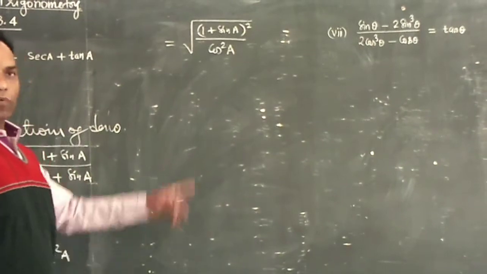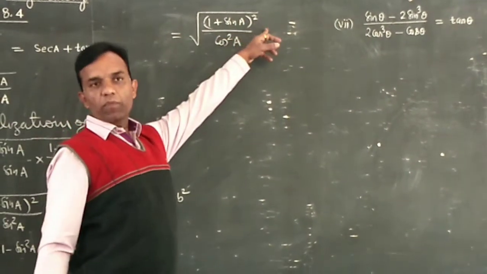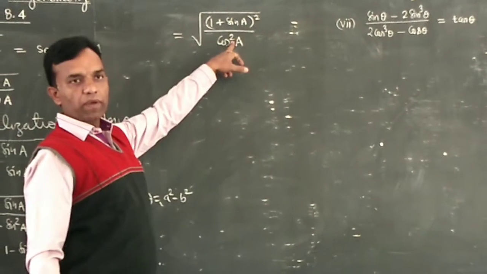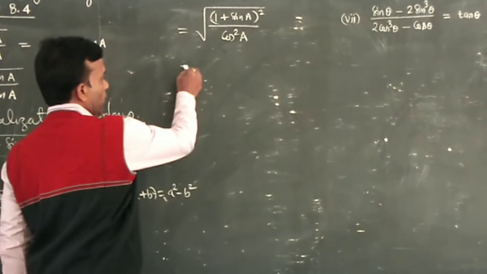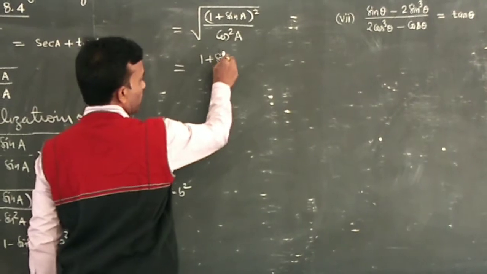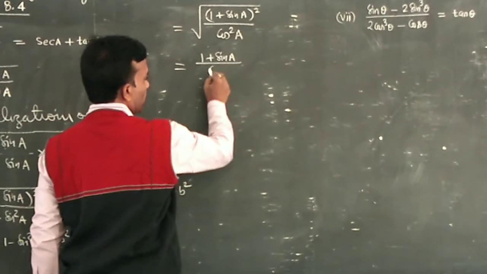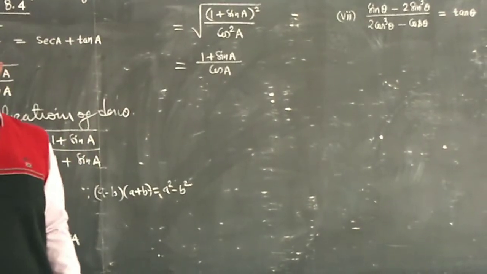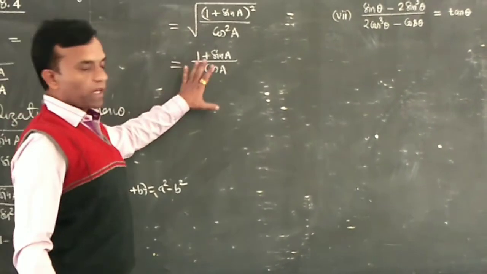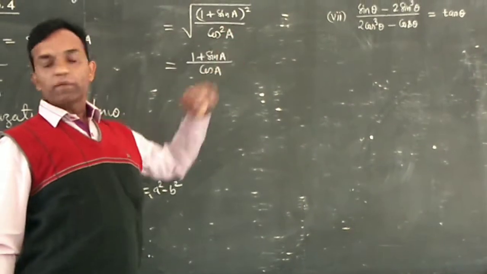Now both are squares here. The numerator has the square power, the denominator also has the square. So now your square root sign is removed here. Without the square sign, you write down 1 plus sin a upon cos a, because the square root cancels out this square sign. Then without root and without square, you get 1 plus sin a upon cos a.